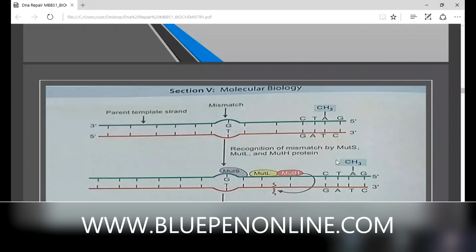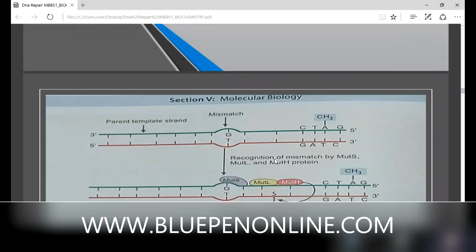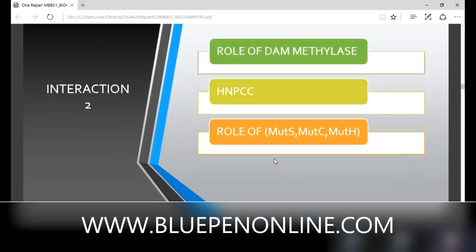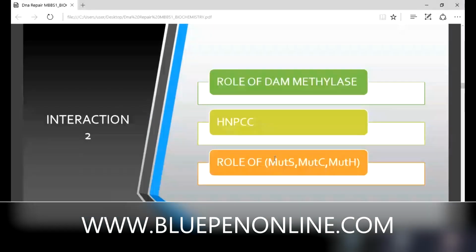Then next is the question time. Are you ready? Sandhya, what is the role of DAM methylase? DAM methylase forms the methyl group in the newly synthesized strand.